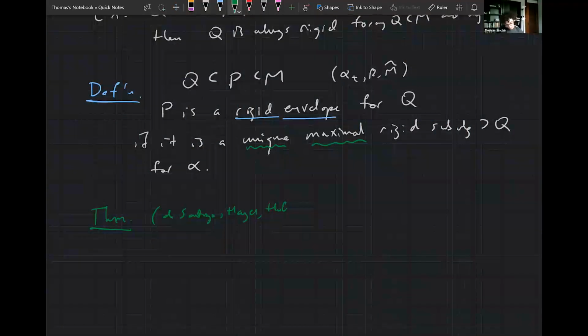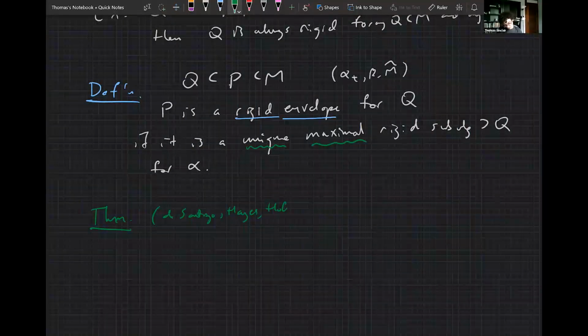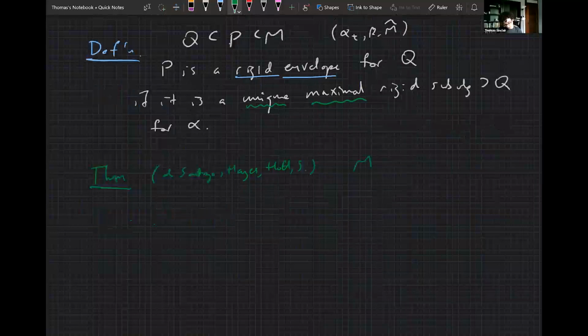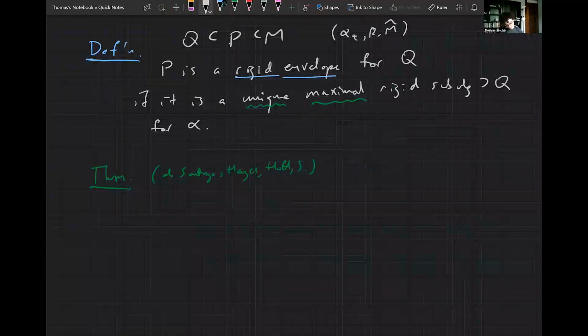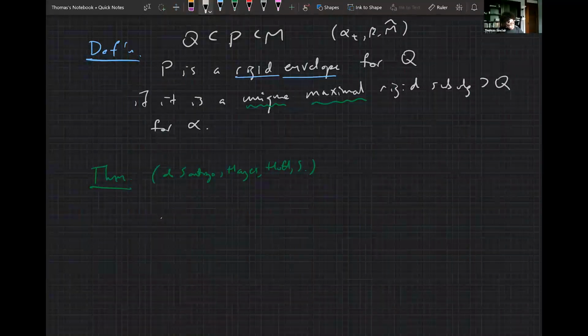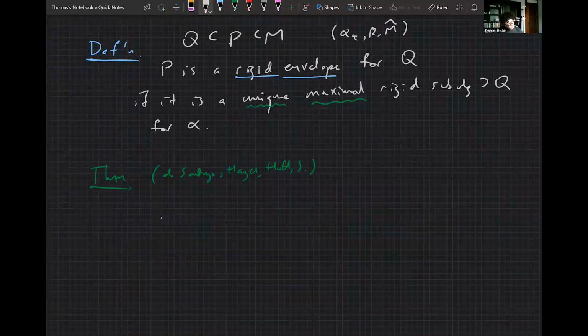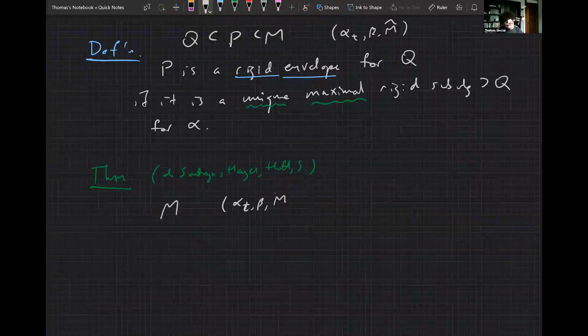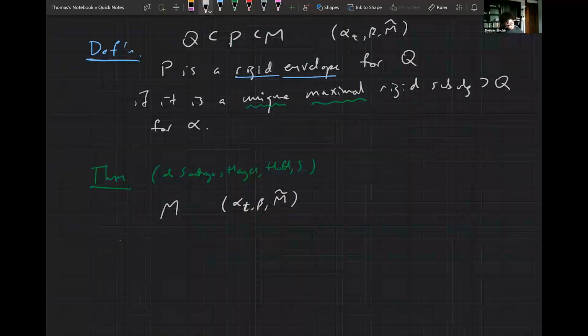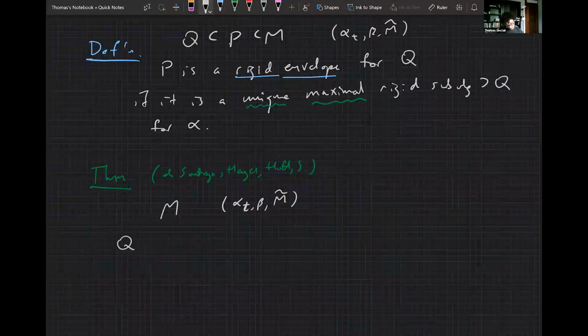So if we have a II_1 factor M, we have some s-malleable deformation of it. We have a subalgebra Q in M, which is rigid.